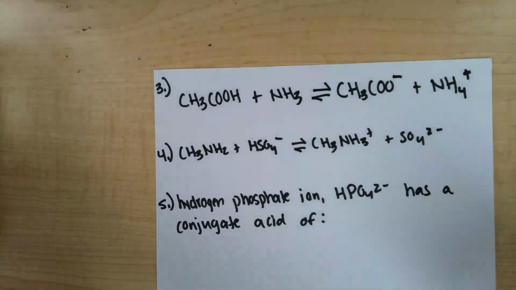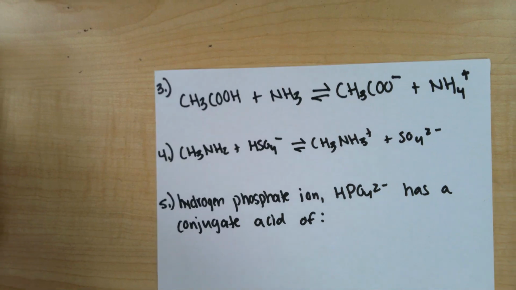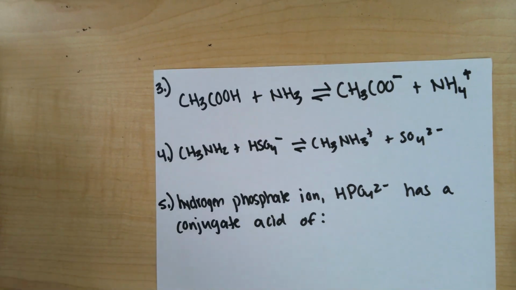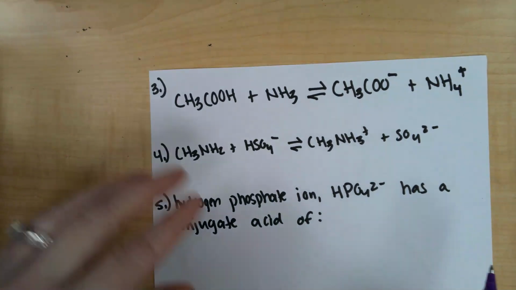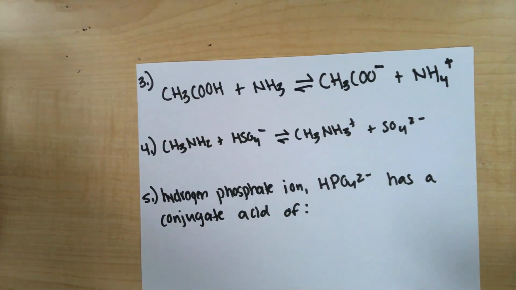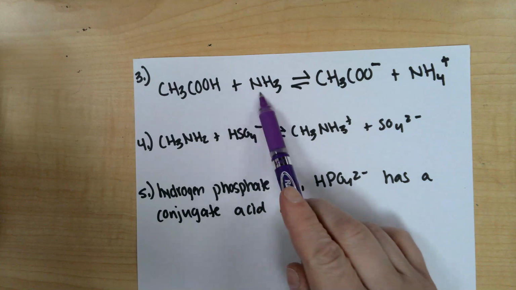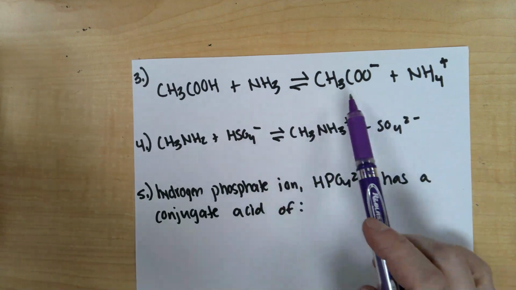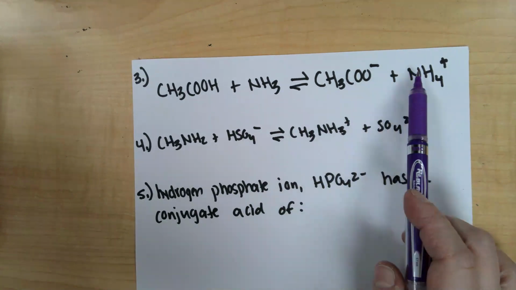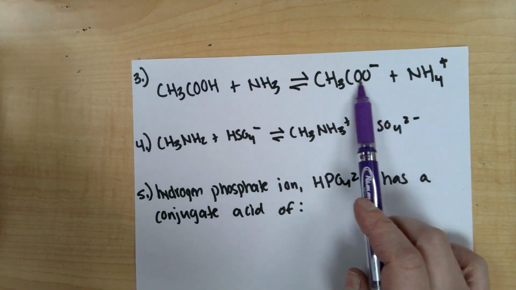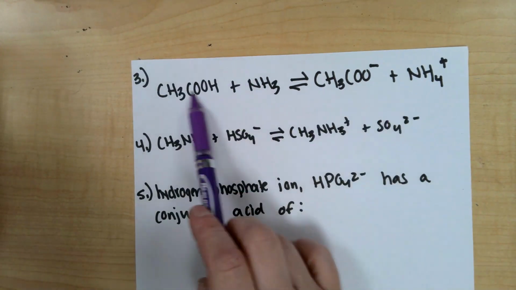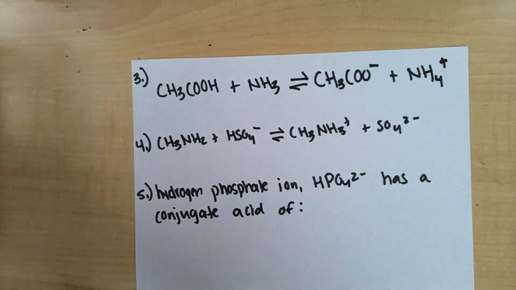According to the Bronsted-Lowry theory, for an acid and a base that react, the acid will turn into its conjugate base and a base will turn into its conjugate acid. So we're just going to look at the equation here for number 3. I'm going to look at the 2 products that were made, and ask myself which one of these looks like one of these, but is just short an H+.